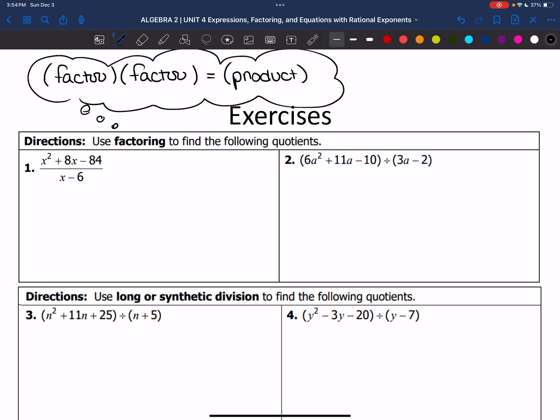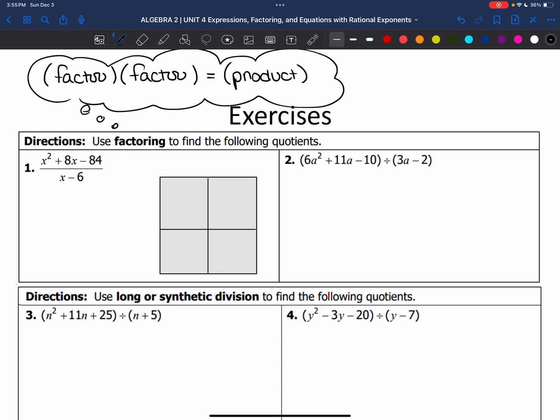So let's say that we have, like we do in example number 1 here, we saw that it's really nice to use this box method to multiply two binomials together in order to find their product. But we can actually use this box to work in the reverse order as well.